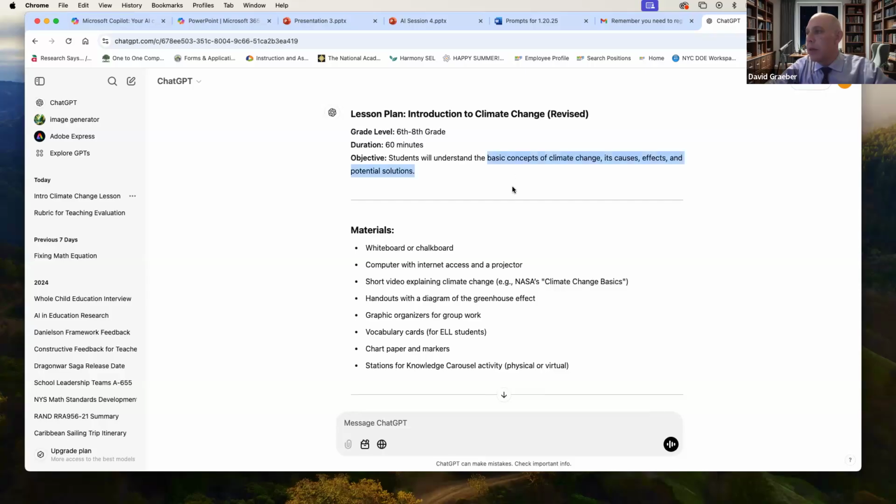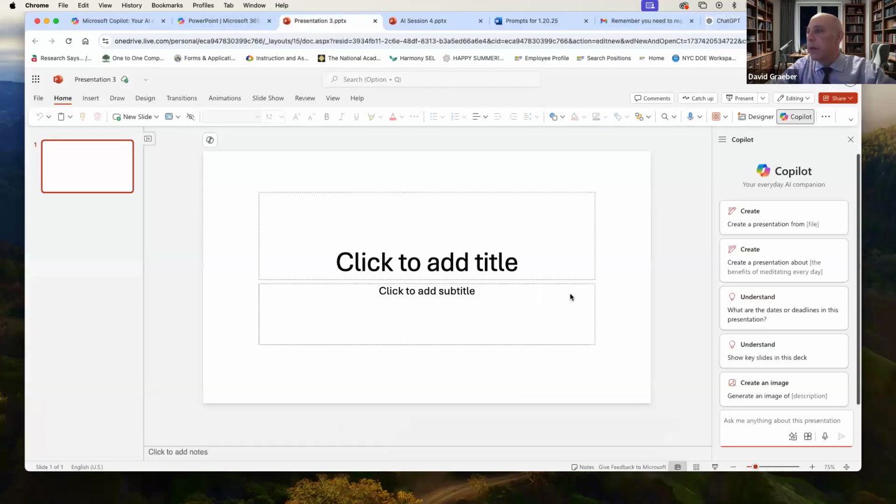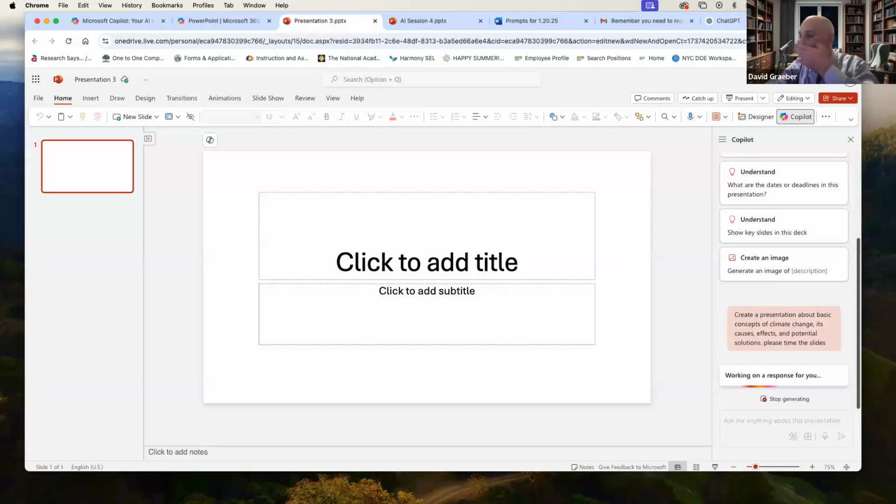Basic concepts of climate change, causes, effects, and solutions. Create a presentation about basic concepts. Please time the slides. So and so on. Let's see.